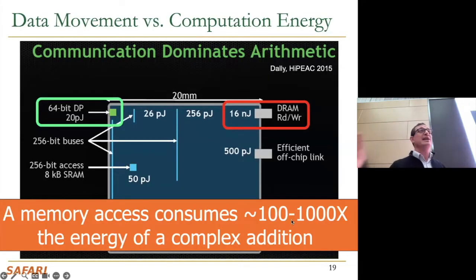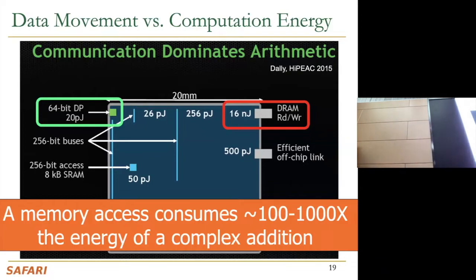Whenever you're communicating data, accessing data, in this case accessing DRAM, a single DRAM access costs more than 100x the energy of a sophisticated arithmetic operation. Now, does it make sense to actually do many DRAM accesses to do one or two arithmetic operations? If this is the optimization, of course, it's an optimization problem, right?